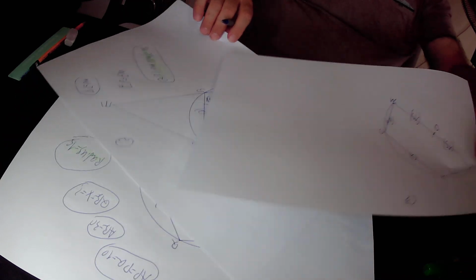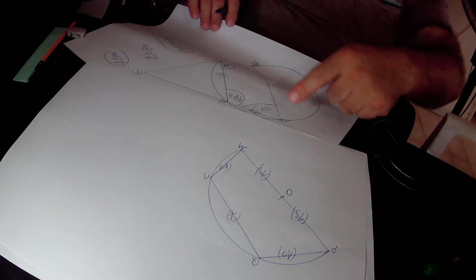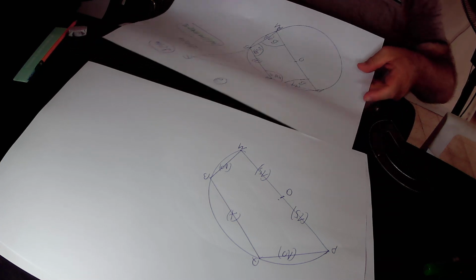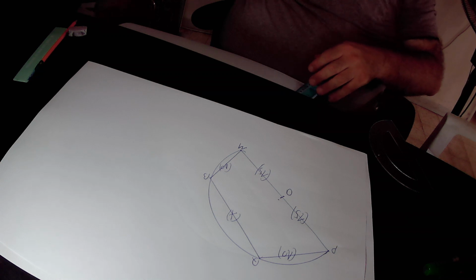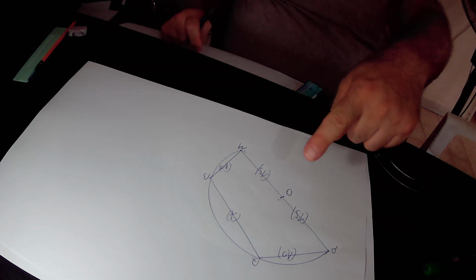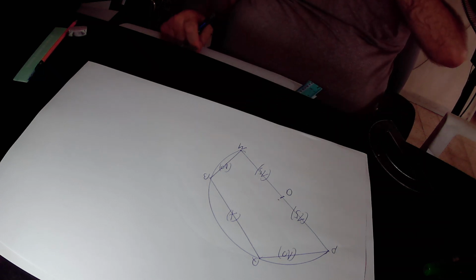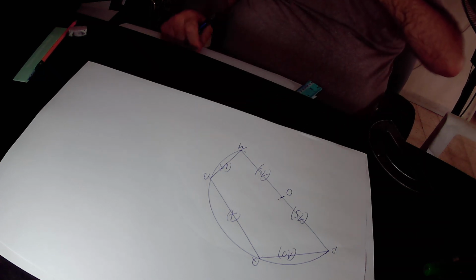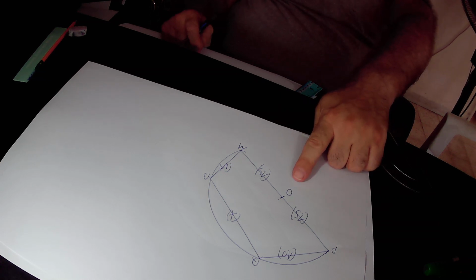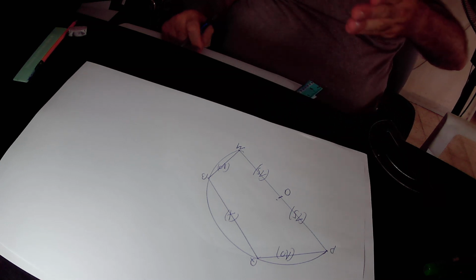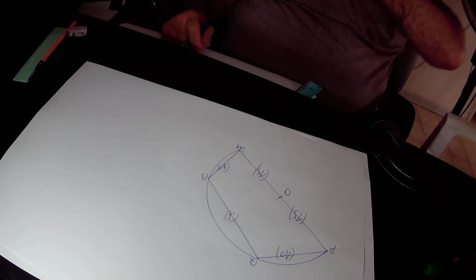So actually, this is the semicircle with the diameter PM that I copied from this drawing. PQ equals MB equals 10, QB equals X, that is the line segment that we are looking for in this question. Point O is the center of this semicircle. OP equals OM, the radius of the circle, equals 15 units.